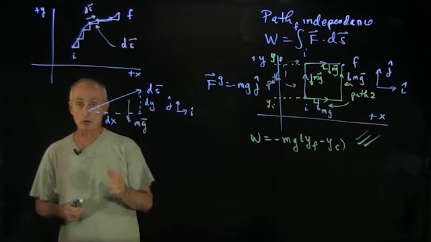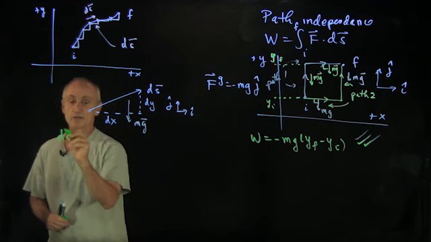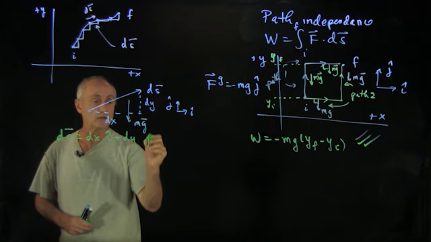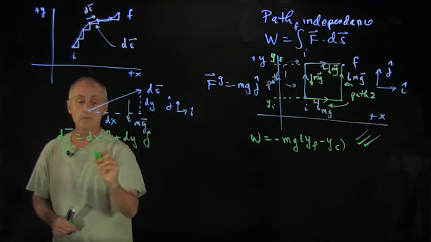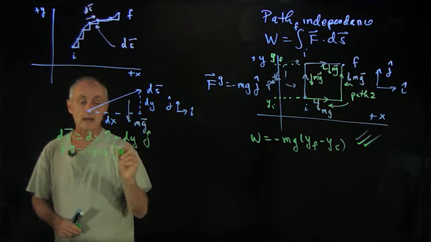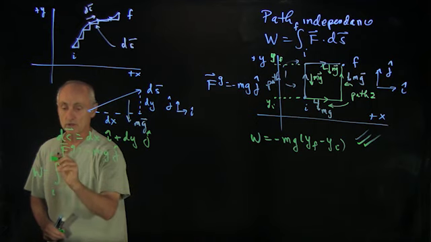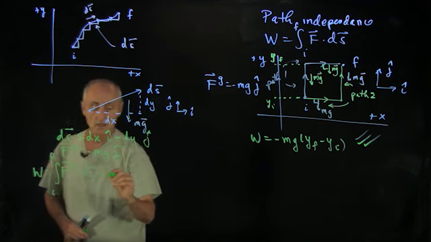Now let's be a little more analytic here and write out our ds as a vector dx i hat plus dy j hat, and our gravitational force as minus mg j hat. Now the work is the integral from the initial to the final place of F_g dot ds.